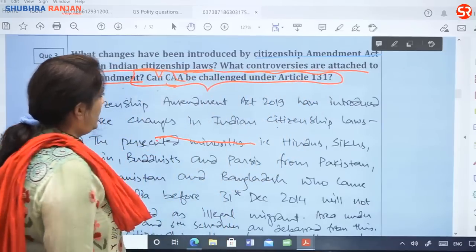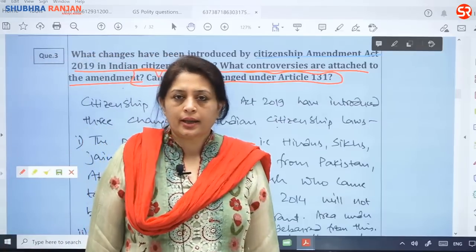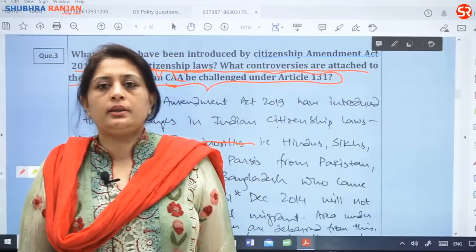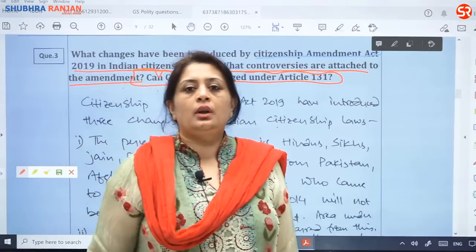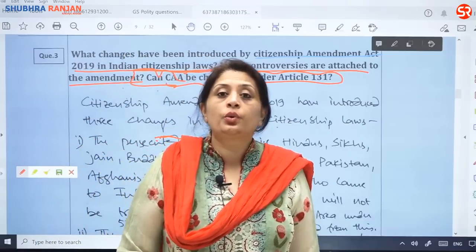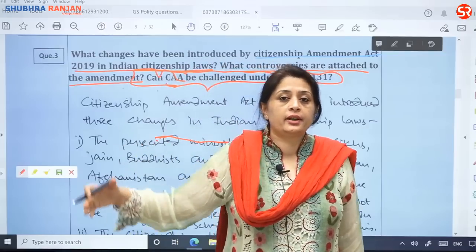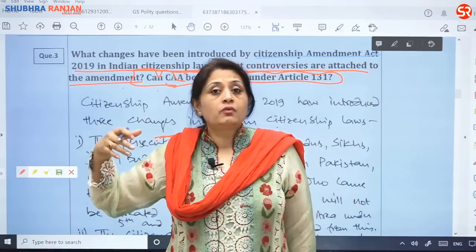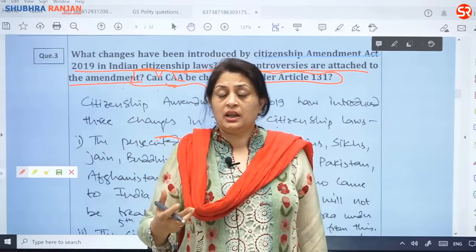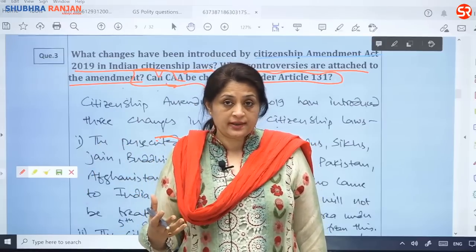So this is again a current issue, and this issue has raised eyebrows not only within the country but even outside. There have been protests. One of the longest protests has been the Shaheen Bagh protest.